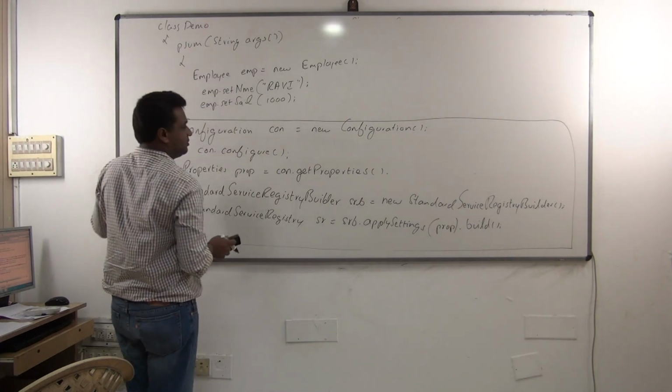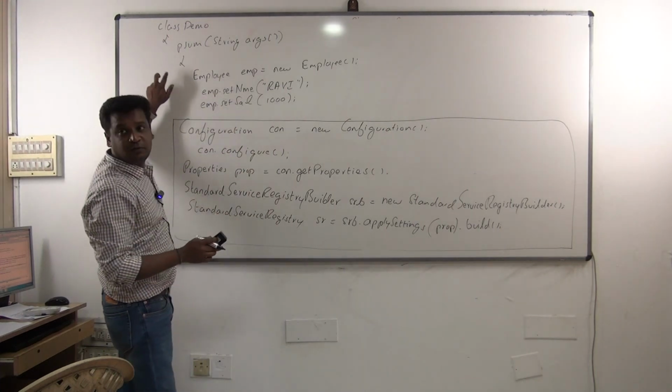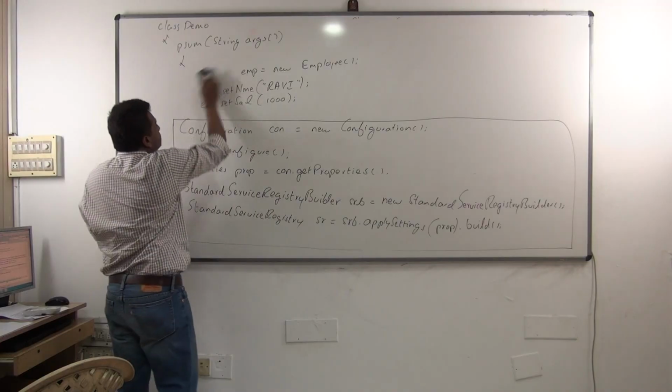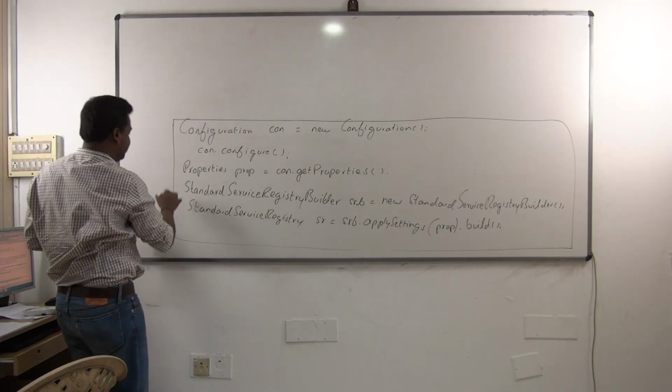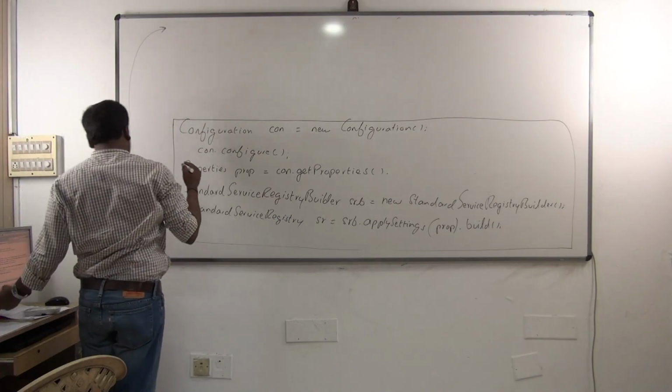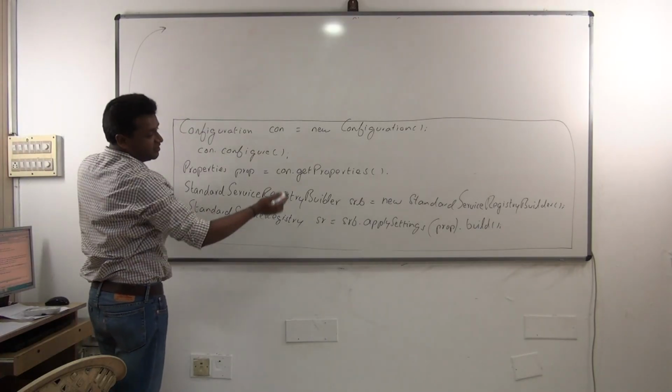Clear? So fine. See, I'm not having space, I'll just move on top and I'll write the code now. So I'll move from here to here. Clear? Yes, see. Standard service registry SR is equal to fine.